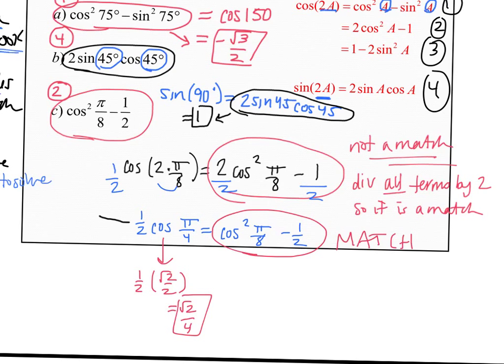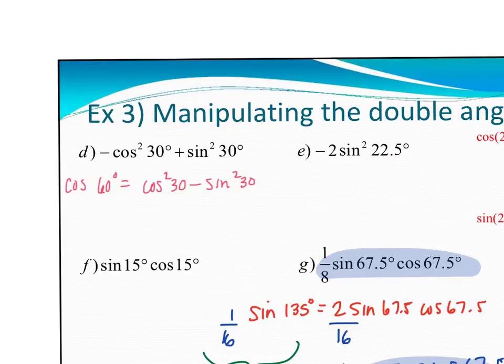Pause the video and try the last examples on the next page by yourself. If we look at example D, this one closely matches our first equation. So I wrote it the way that it should look. Cosine of 60 equals cosine squared 30 minus sine squared 30. The issue here is that on the right-hand side, the signs are wrong. I need to multiply this equation by -1 in order to get the correct signs.